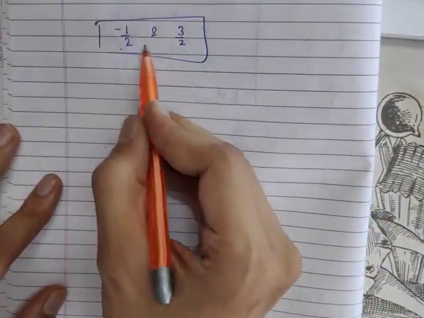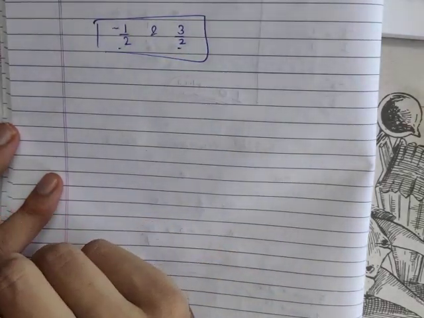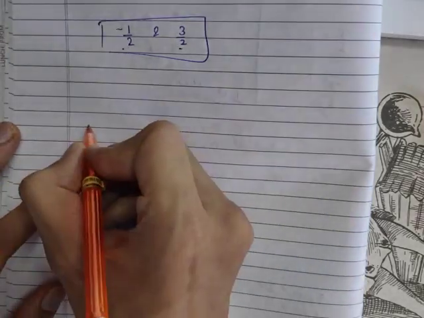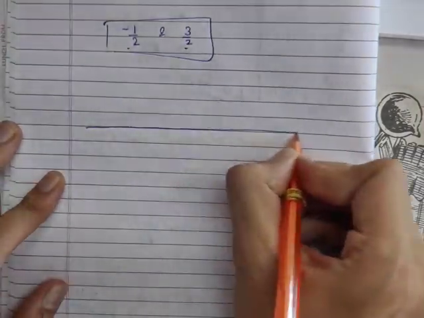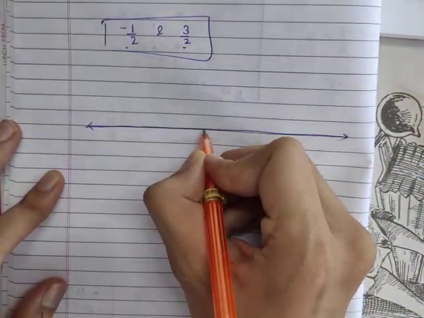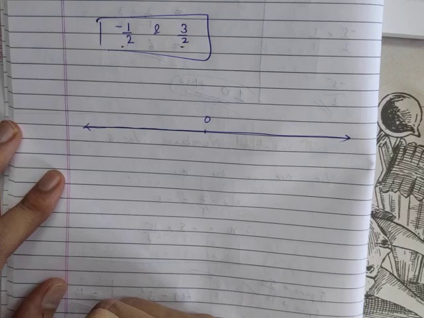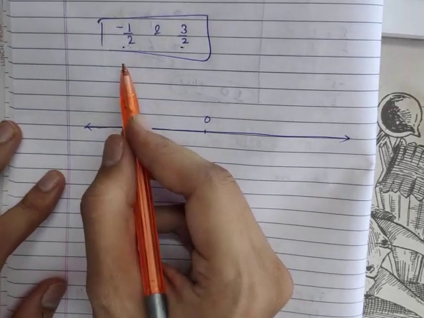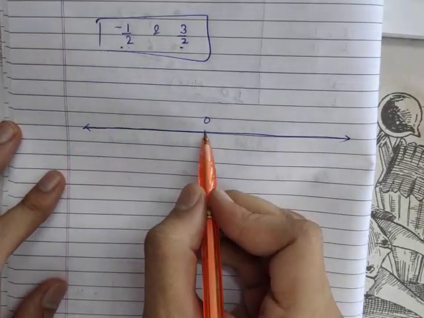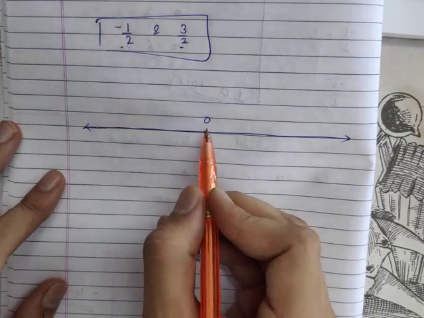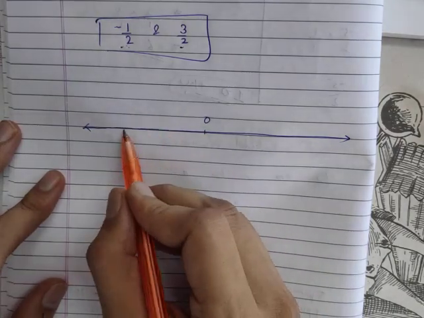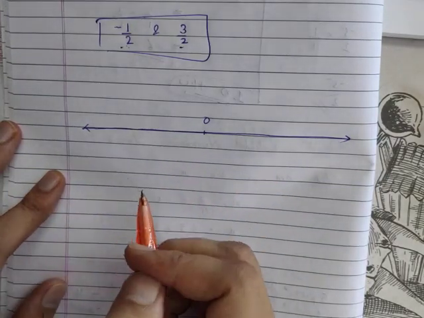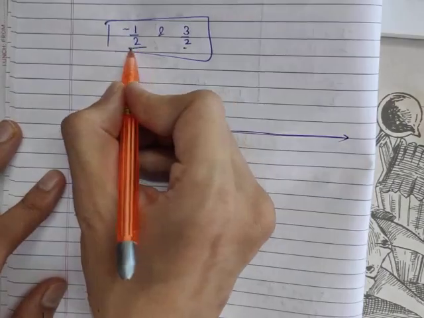If I have to represent this on the number line, let's see what we can do. Carefully. Whenever you get denominators to be represented, you got to make your number line in a bit different way. Now for this question, I'll mark the center as 0 obviously. Now listen carefully. If the denominator is 2, then between every number, for example 0 to 1, 1 to 2, 2 to 3, I'll have to keep a distance of 2.